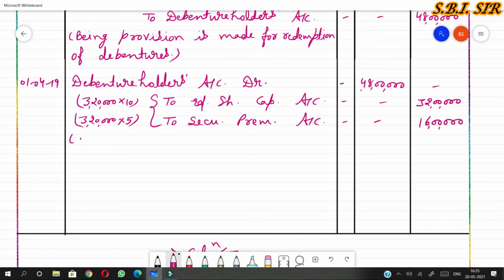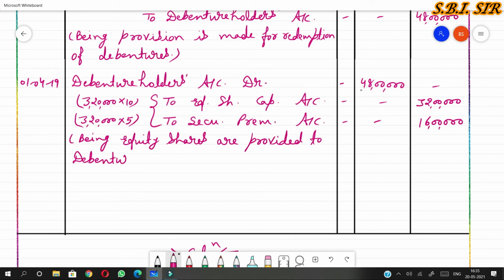Then narration being: equity shares are provided to debenture holders at rupees 15 per share.